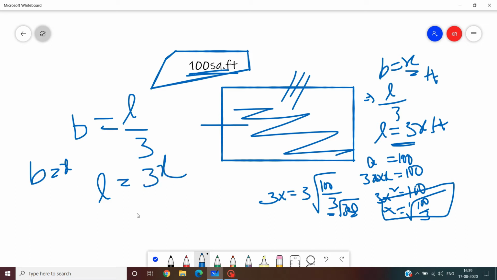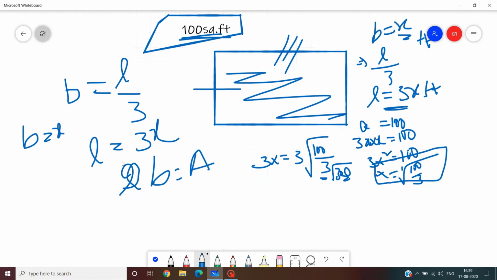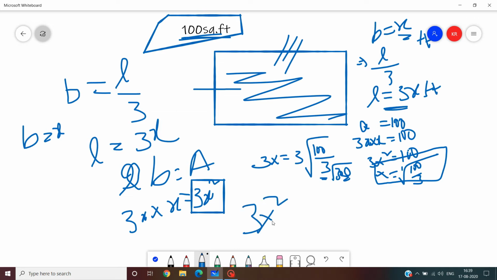So in order to find out the x, I am taking length into breadth is equal to area, right? So here length is 3x into breadth x, forming 3x square. So this is the generalized form of the area, right? So this will be 3x square is equal to area.